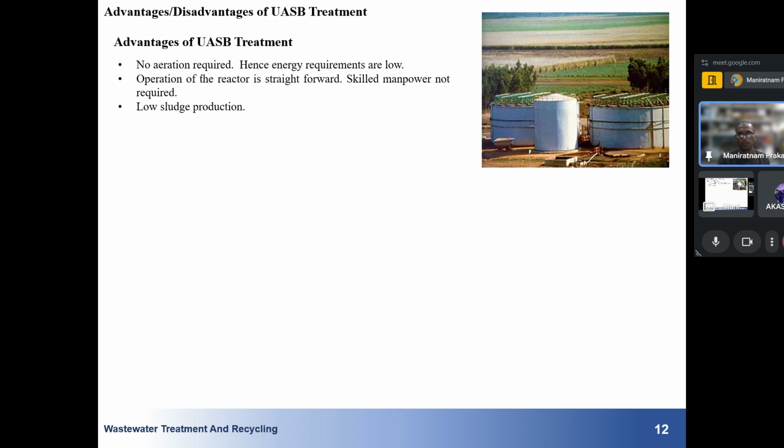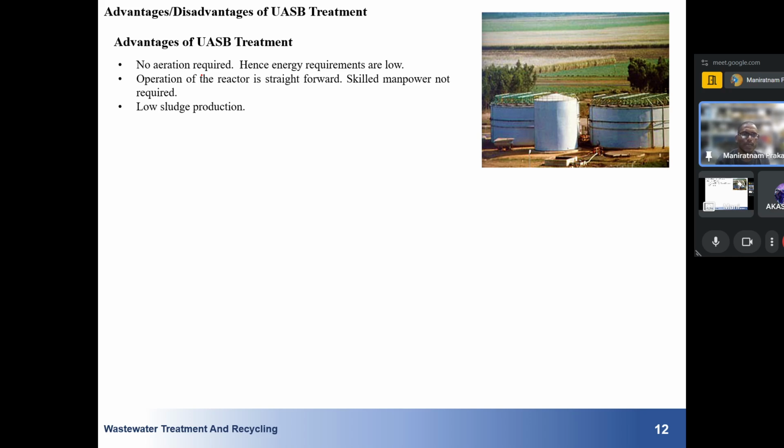Then, low sludge production. It has two meanings: whatever sludge is produced can be used as manure.